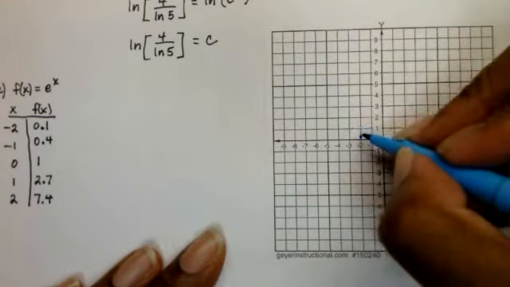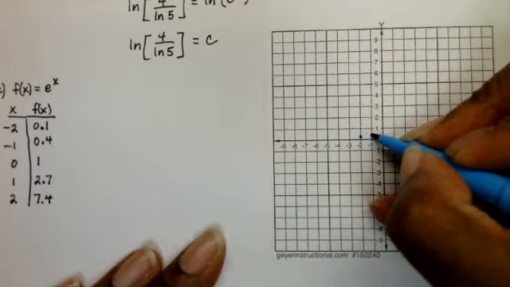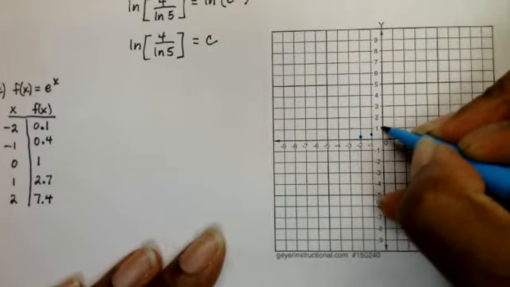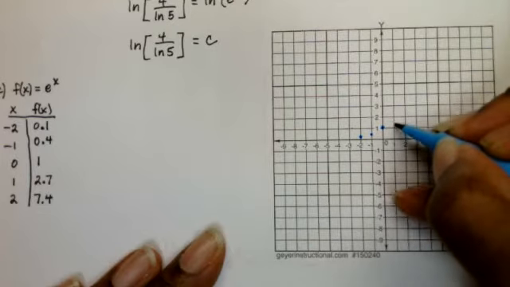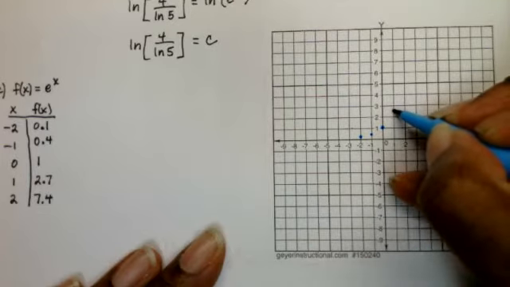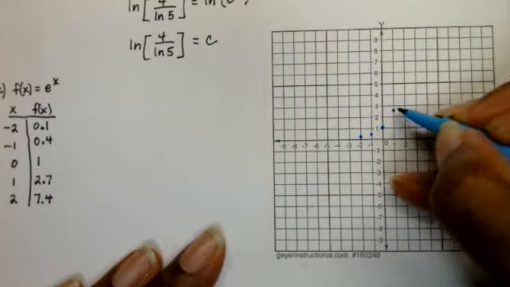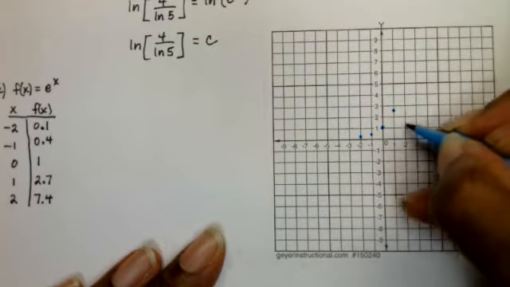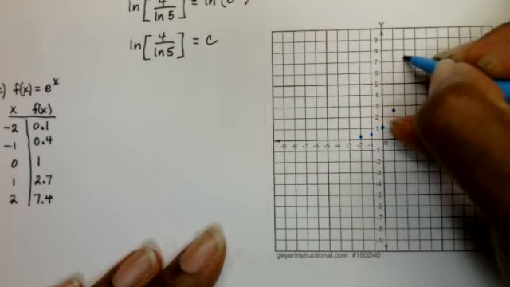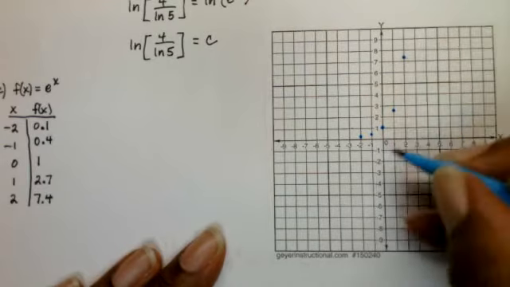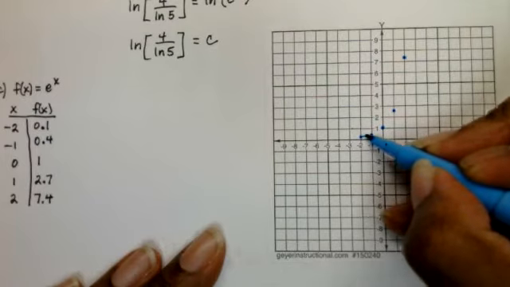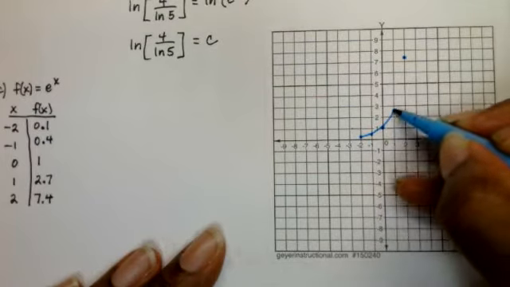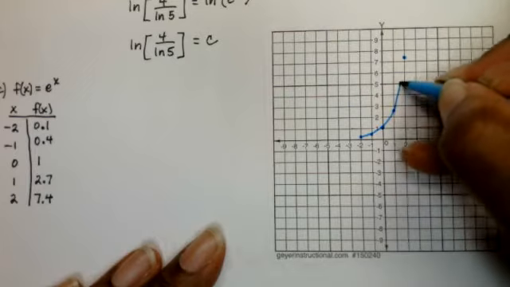And then -1 and 0.4 would be about right here. 0, 1 would be on the y-axis. 1 and 2.7 would be approximately here. And 2 and 7.4, that's going to be up here because e to the x goes upward. It goes astronomically up like this.